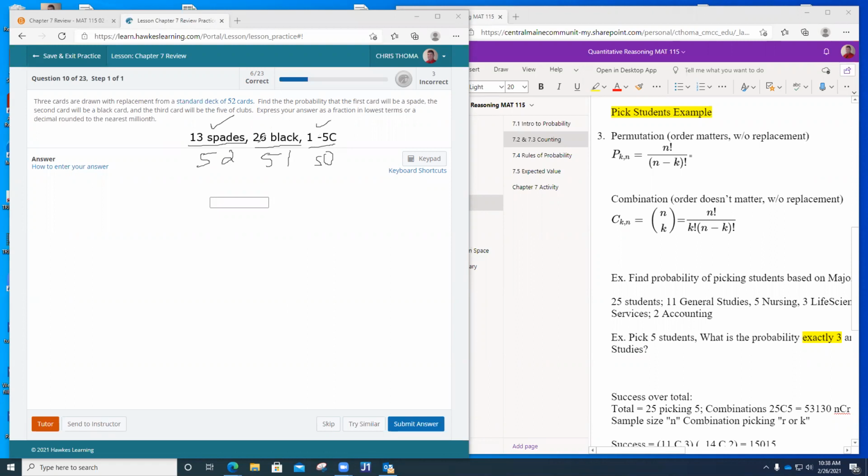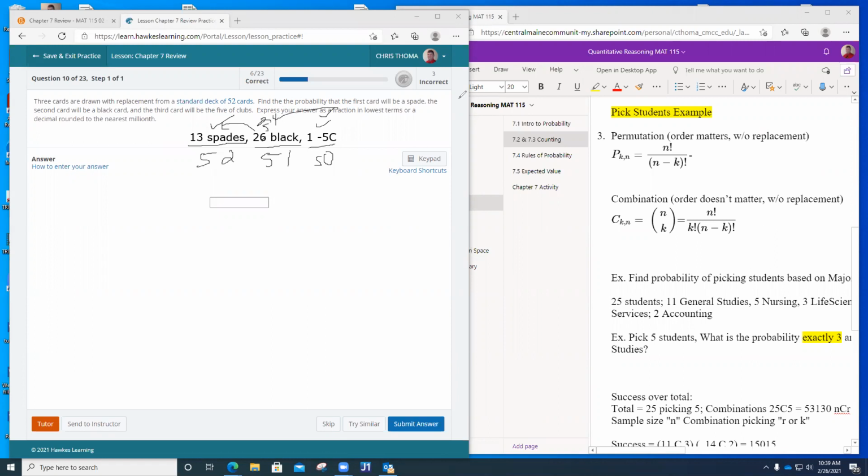Now, what's tricky here is clubs are black, so this card cannot be here. So I have to drop him down to 25 for my club card. And then also because I've picked a spade, I've also lost another card, so this actually becomes a 24.